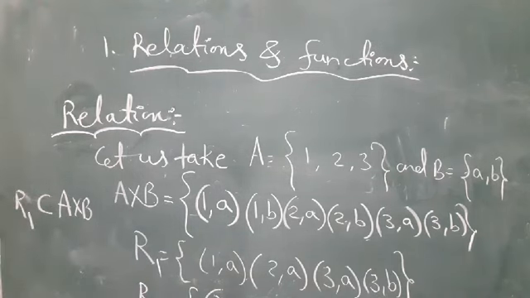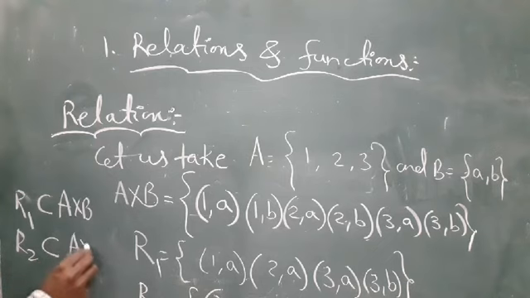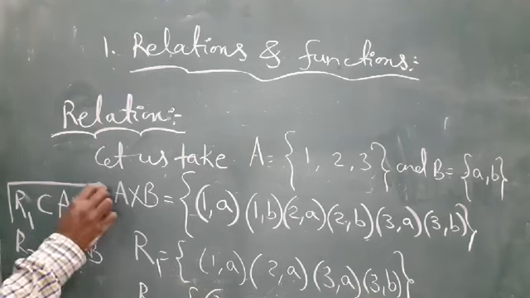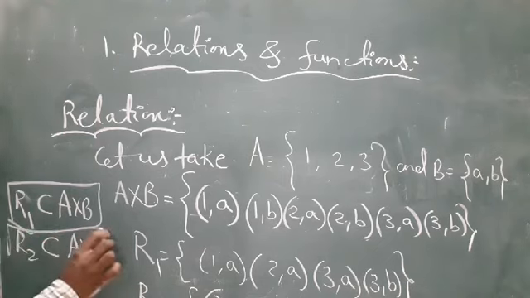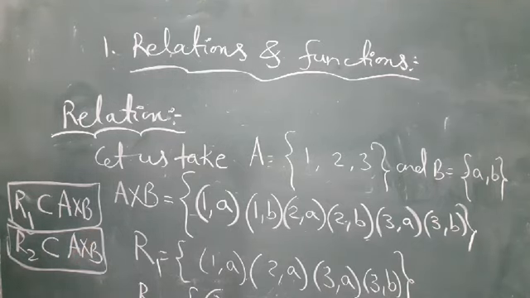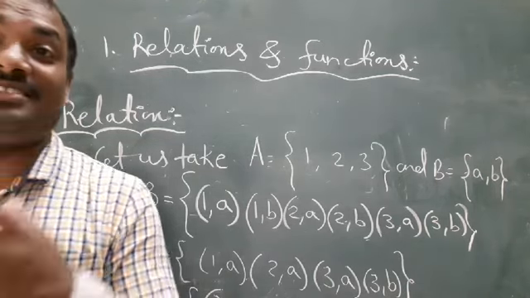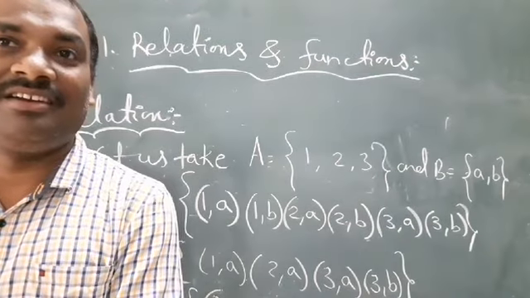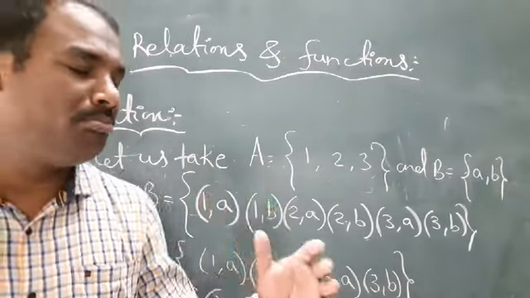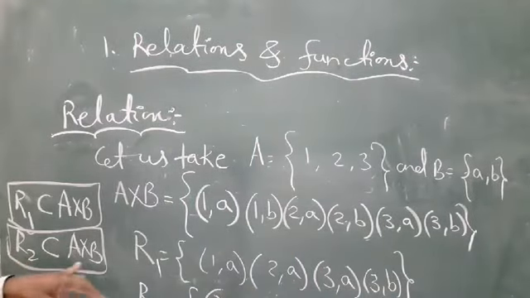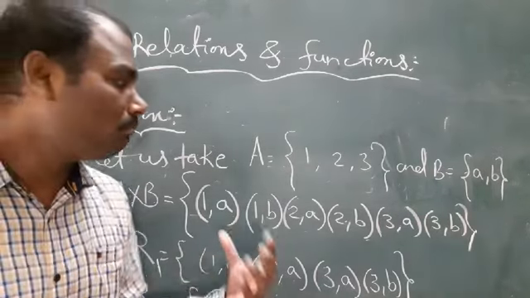So R2 is also a subset of A cross B. So R1 is a relation from A to B, and also R2 is a relation from A to B.